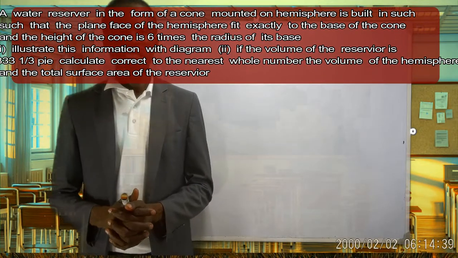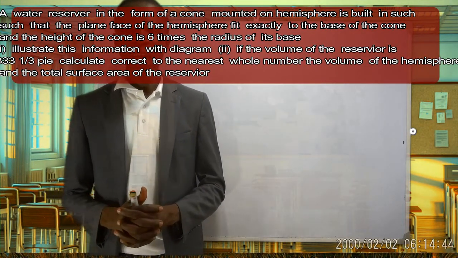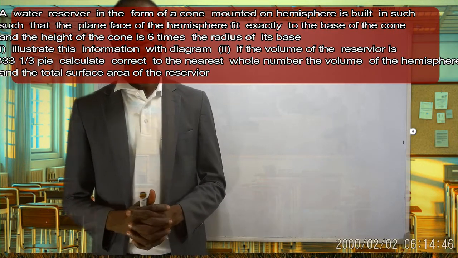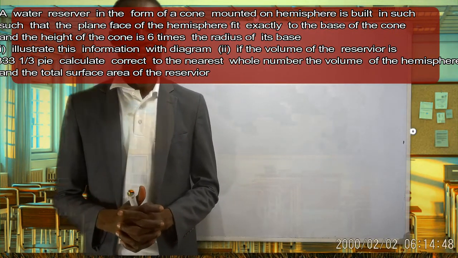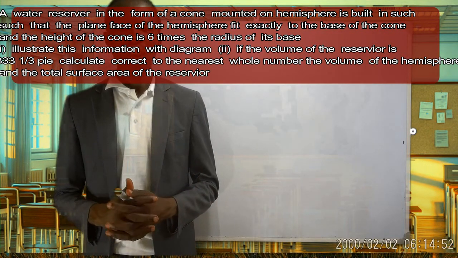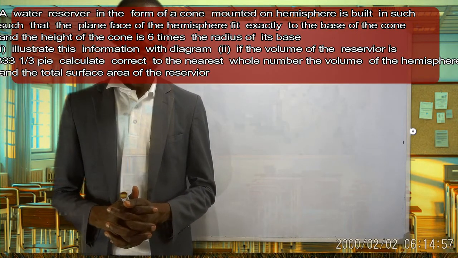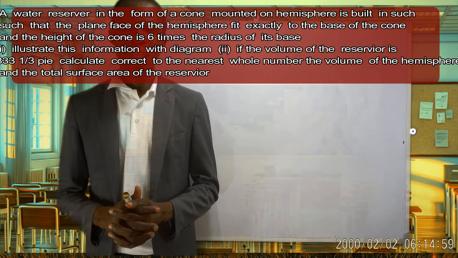The question is: a water reservoir in the form of a cone mounted on a hemisphere is built such that the plane face of the hemisphere fits exactly to the base of the cone, and the height of the cone is 6 times the radius of its base.